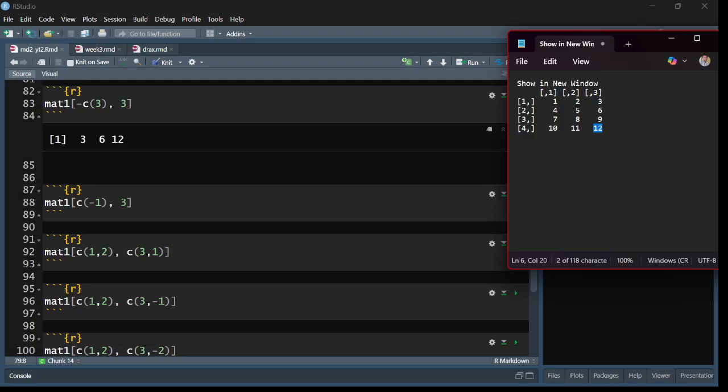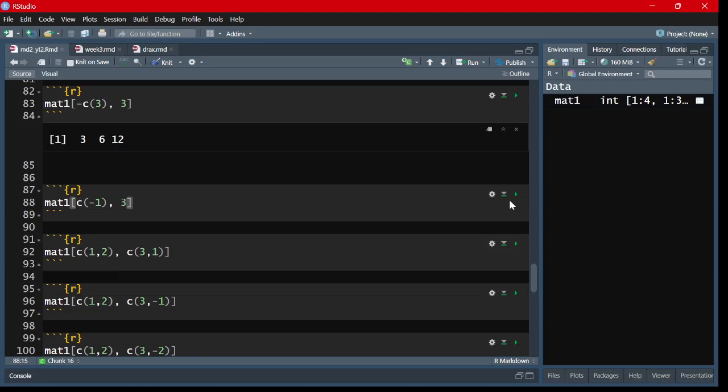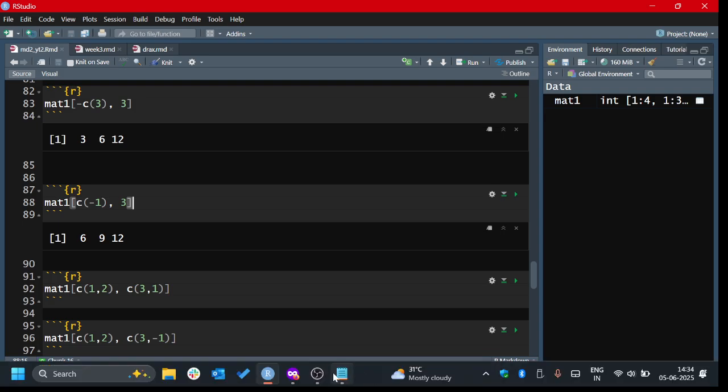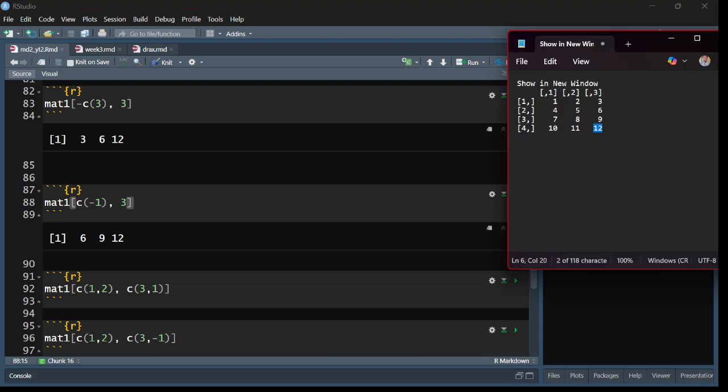So the output must be 3, 6 and 12. Uh, 3, 9 and 12. Okay, probably. Yes, I was wrong. I have written it wrong. So that means remove the first row and select the other rows for column 3. That means 6, 9 and 12. That is the thing.